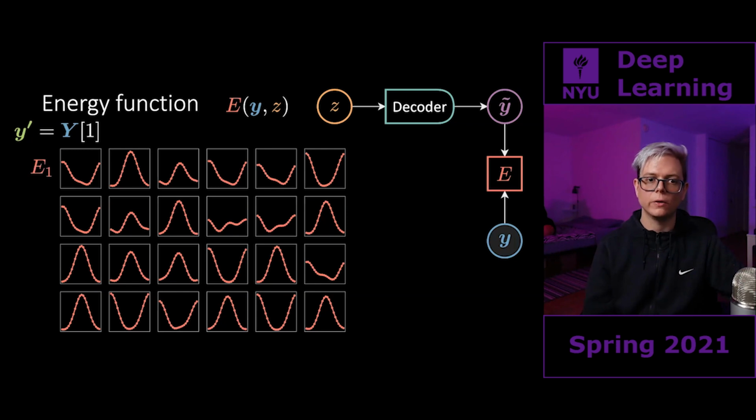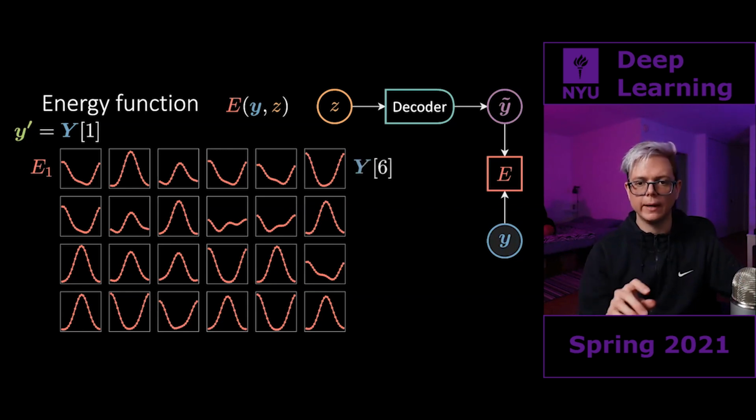So I'm now indexing this E based on which pick of Y. Given that those y's are discrete samples from my capital Y, I can have the same index, 1 here, to index the function.